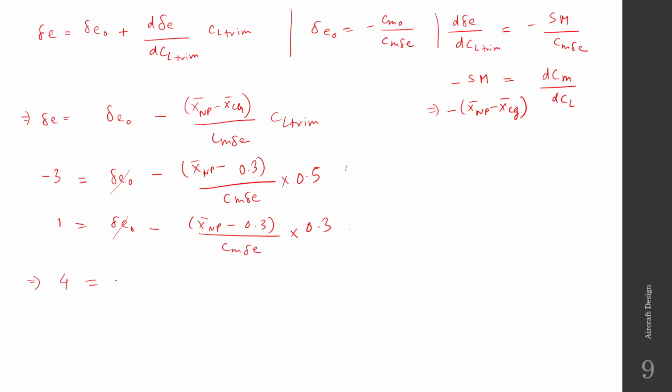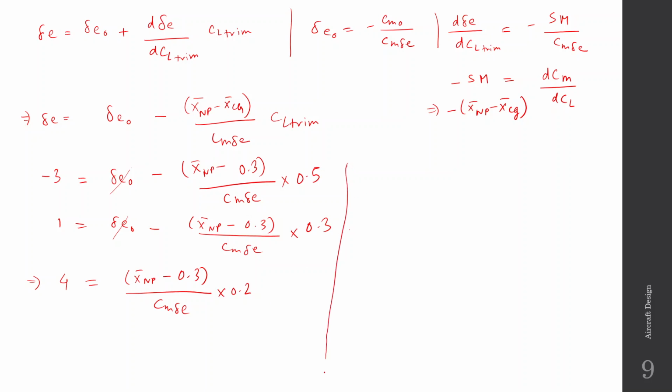So we'll then get x bar NP minus 0.3 by Cm delta E into 0.2. So this was the first two rows.